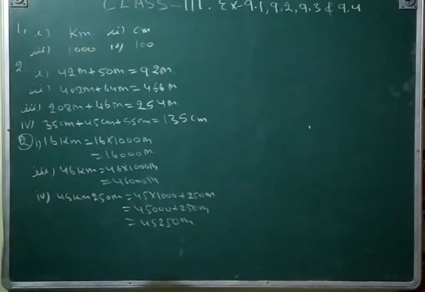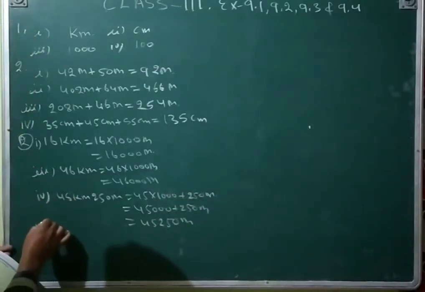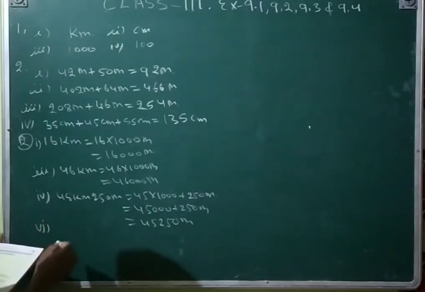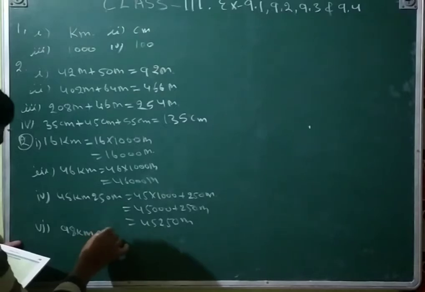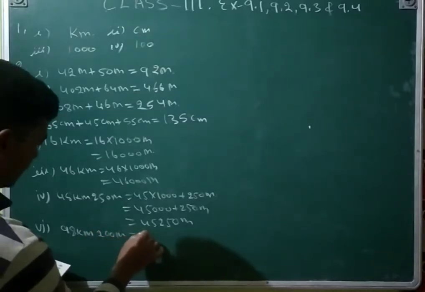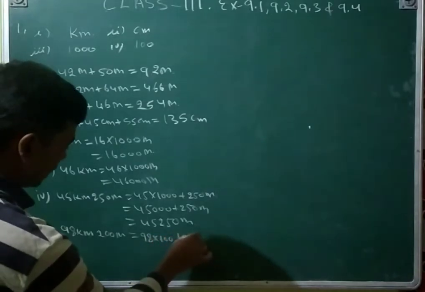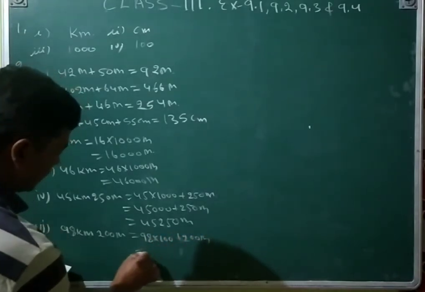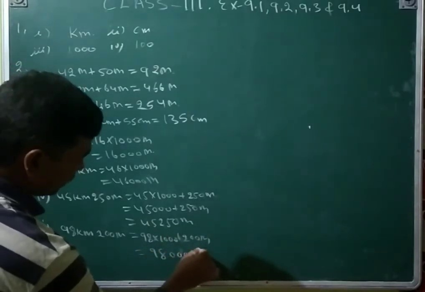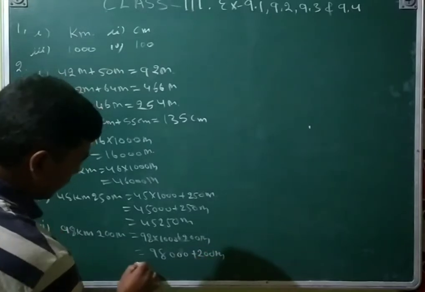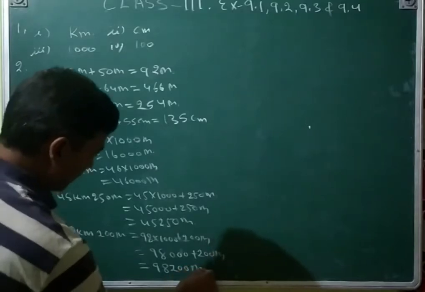And then last one, fourth part, do it by yourself. That is 98 km 200 m. That is 98 multiply 1000 plus 200. So that is 98,000 plus 200 m. So that will be 98,200 meter.